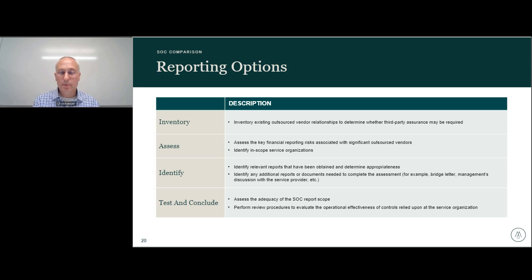So I'm going to delve in much more closely with the testing that was performed. Does that report cover the services that I've contracted with from that third-party administrator, from that record keeper? Does it enumerate what I expect? Does it cover a period of time that's of concern to me? Do the test results come back positively or negatively?